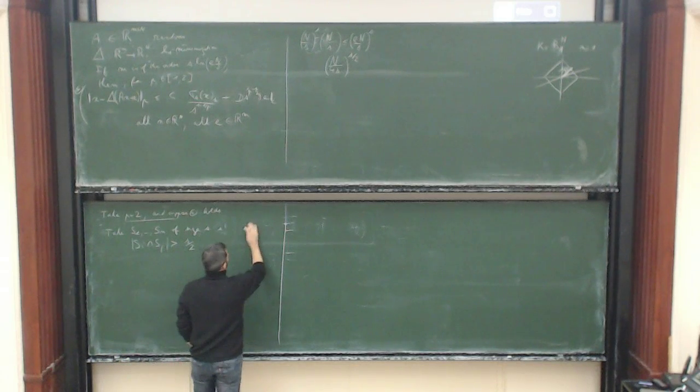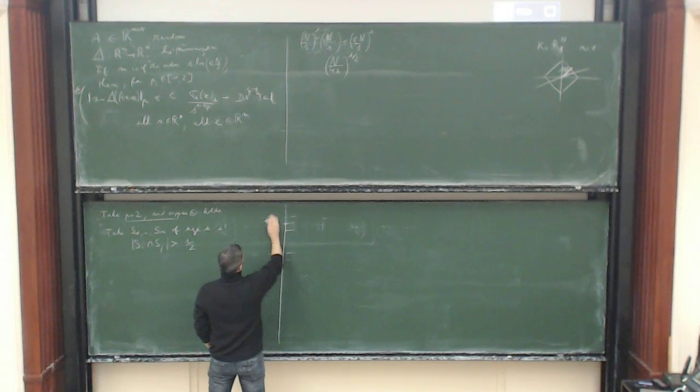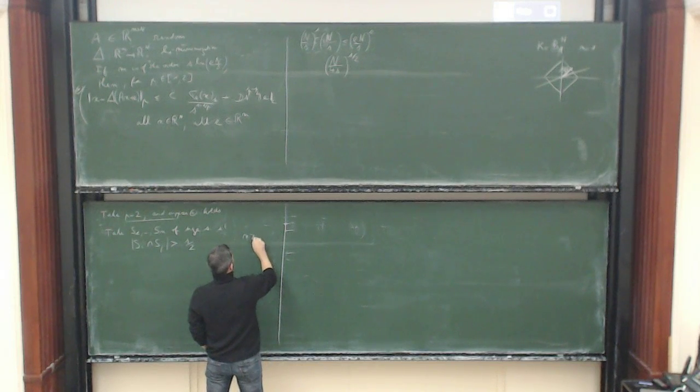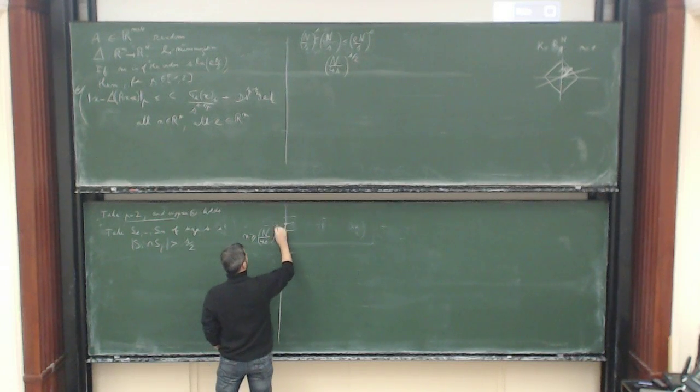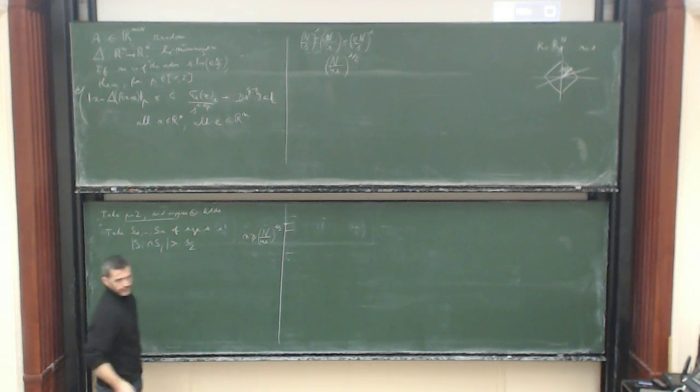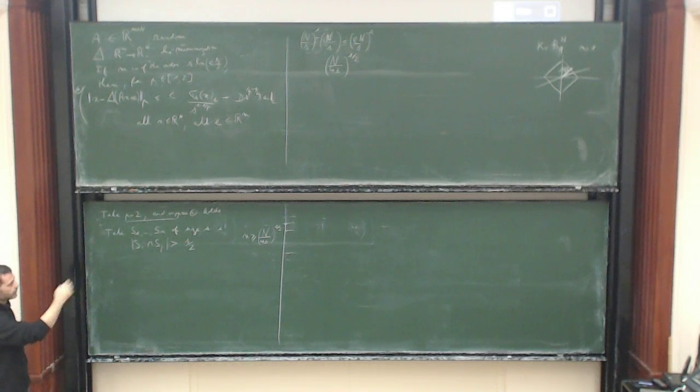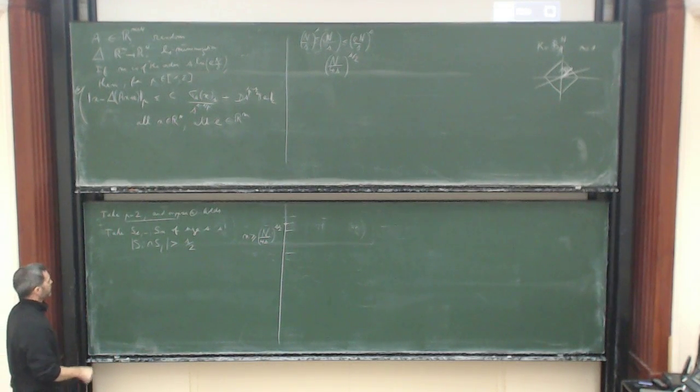We know that we can find such a family of subsets when n is larger than, I believe, n over 4s to the s over 2. In any case, it's a constant times n over s to the power constant times s.